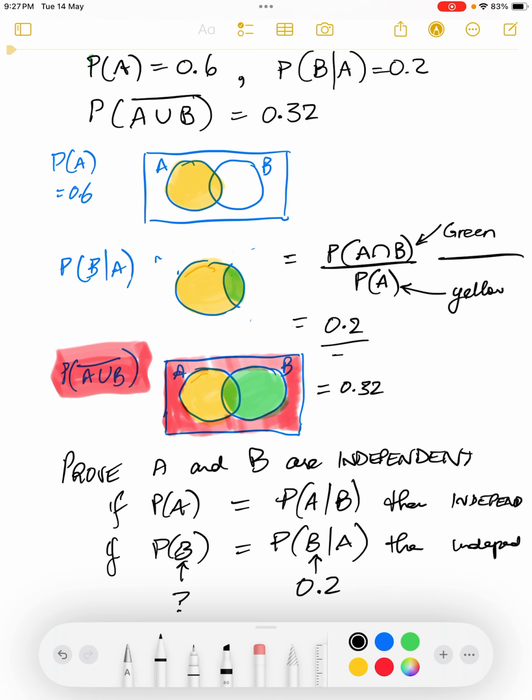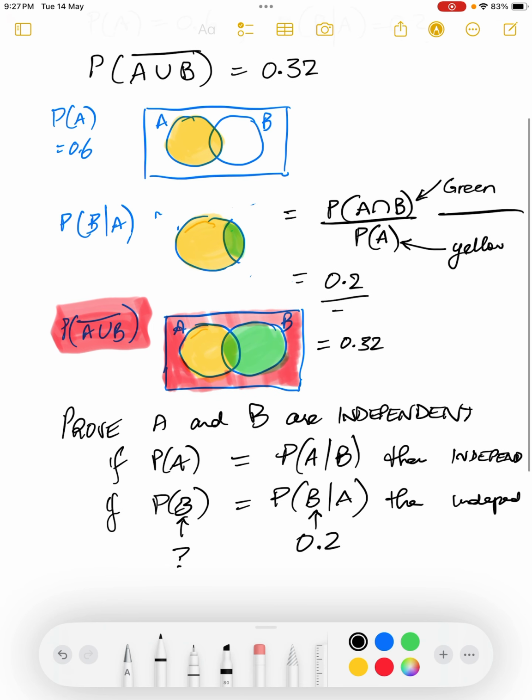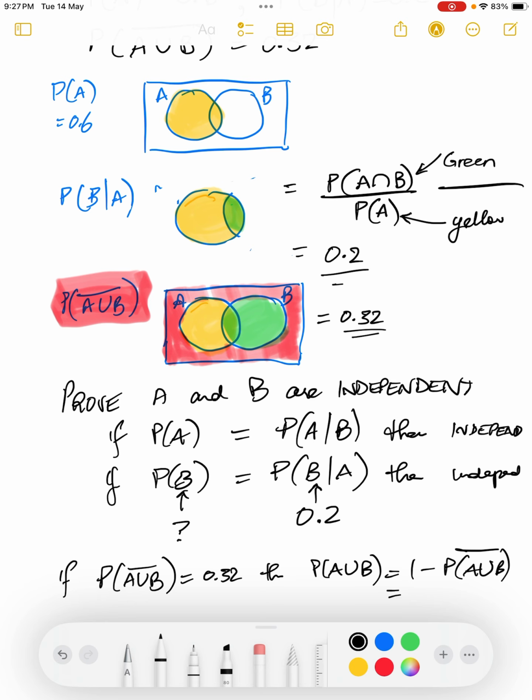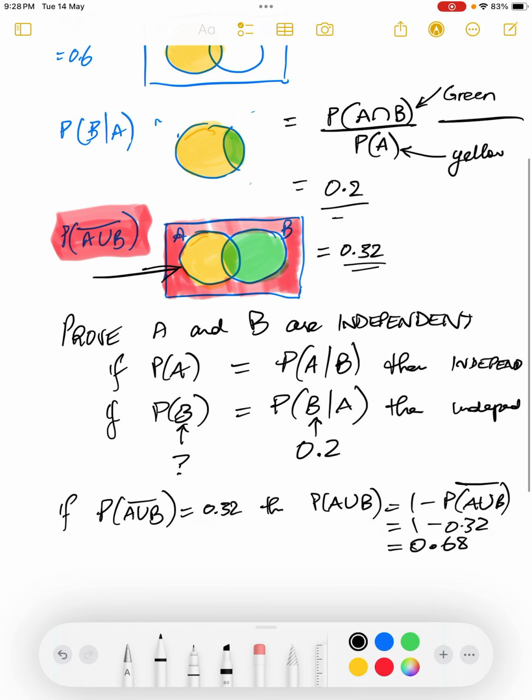So let's find out what the probability of B is. Well, we know the red part, the probability of not A union B, is 0.32, then the probability that A union B is 1 minus the probability that it's not. So 1 minus 0.32 is 0.68. So the yellow and the green part in that diagram is 0.68.